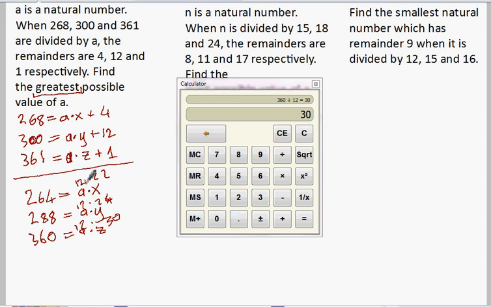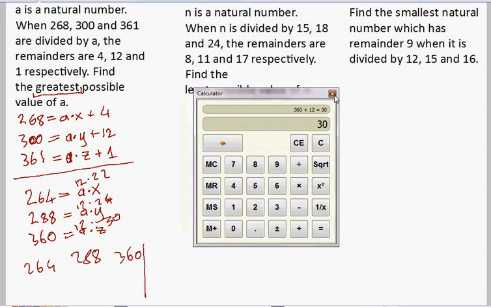So 12 can be the number a, but we are looking for the greatest possible value. So this number should divide 264, should divide 288, should divide 360. So you will write these three numbers next to each other and look for the greatest common factor.